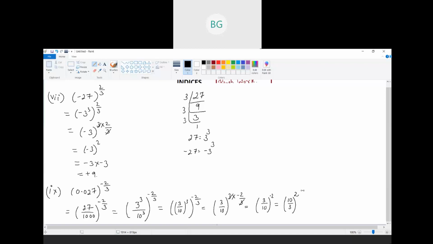Yes. So any doubt in this? Have you all understood how to apply the formulas? Yes. So if you write it as 10 by 3 whole square will be 100 by 9. Correct. So it will be 100 by 9. Okay.